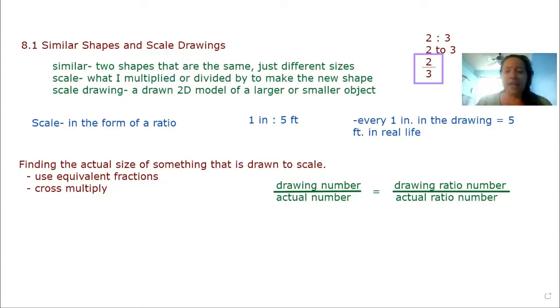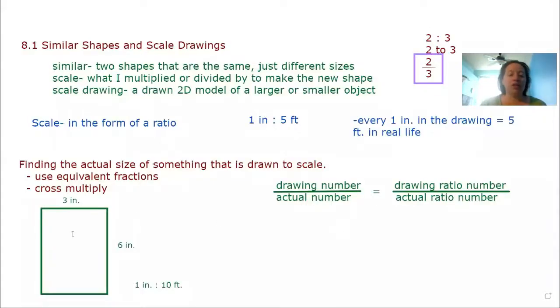So let's say that I have a shape. Let me go ahead and make up a shape. Looking at this, I have a rectangle. The short side of it is 3 inches. The long side of it is 6 inches. This is my drawing. Yes, I realize it's not actually 3 inches and 6 inches, but we're just pretending, okay? I'm going to say that this is the drawing of a room. And a pretty big room, actually, because every 1 inch is actually equal to 10 feet.